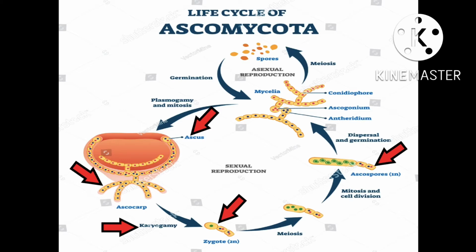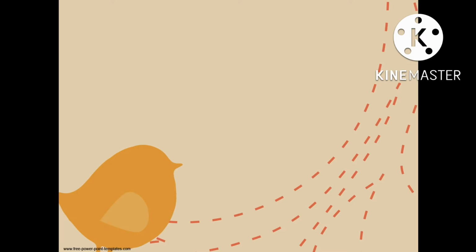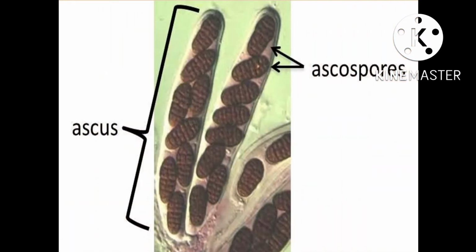Half the number of ascospores in an ascus belong to one mating type and the remaining half belong to the second mating type. The asci are club-shaped, elongated, ovoid, globose or rectangular in shape. The ascospores are liberated from the ascus and germinate to produce new mycelia.